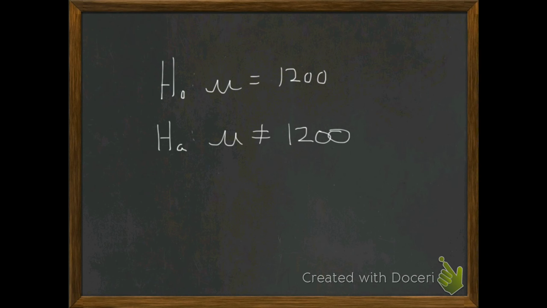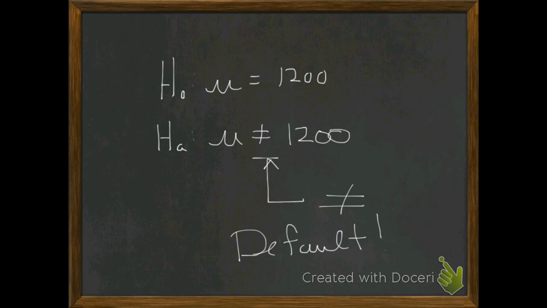So if there's not an implied direction of greater than, less than, more than, higher than, lower than, the default is not equal to. What I mean by default is what we use in all tests of hypotheses if a direction isn't specifically and clearly implied.